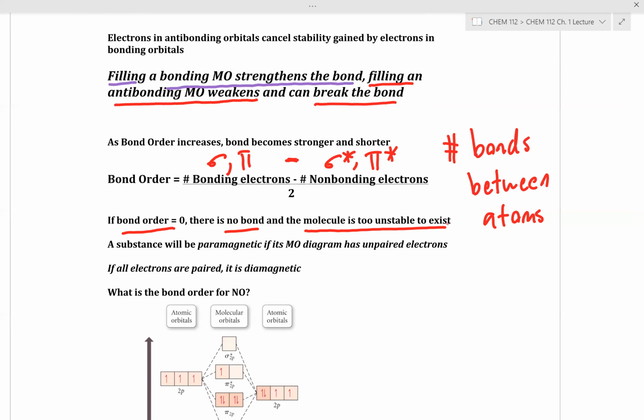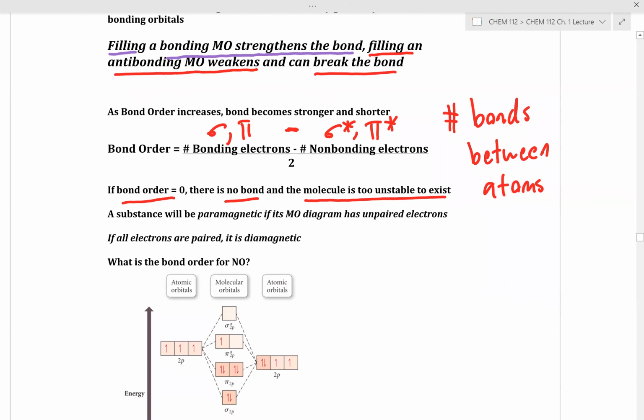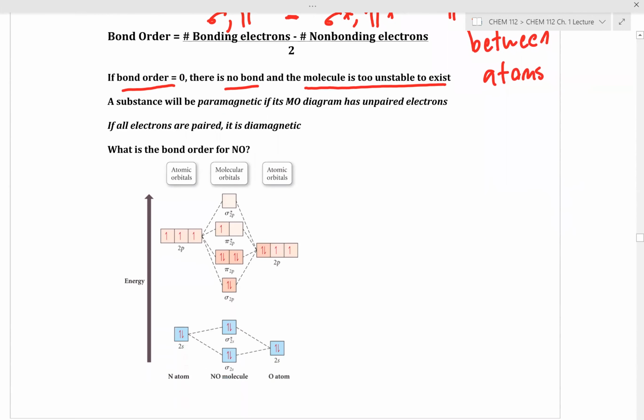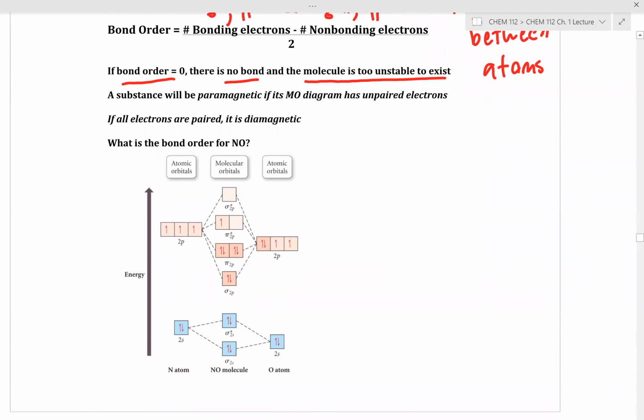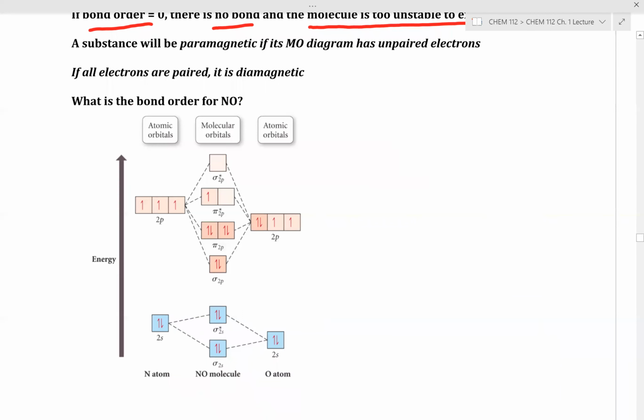So for our last question for today, and we'll work on this one together, let's take a look at nitrogen monoxide, NO, and let's try to get a sense of our bond order. So let's count together how many total electrons do we see in our bonding orbitals, our sigma and pi orbitals?